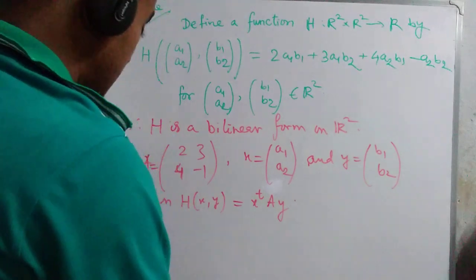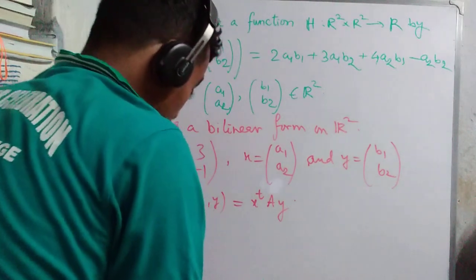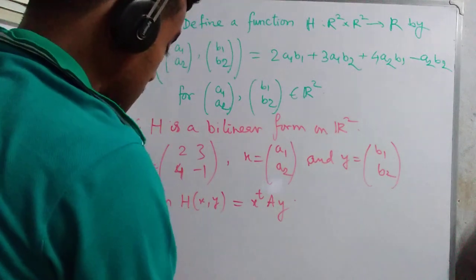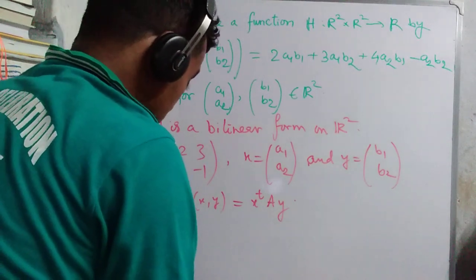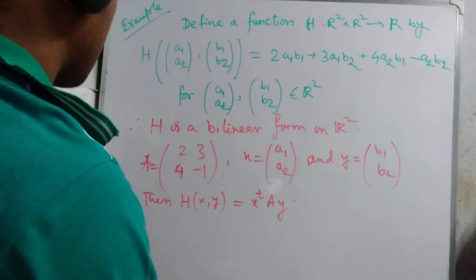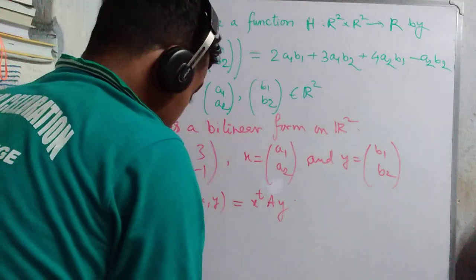The bilinearity of h now follows directly from the distributive property of matrix multiplication over matrix addition.